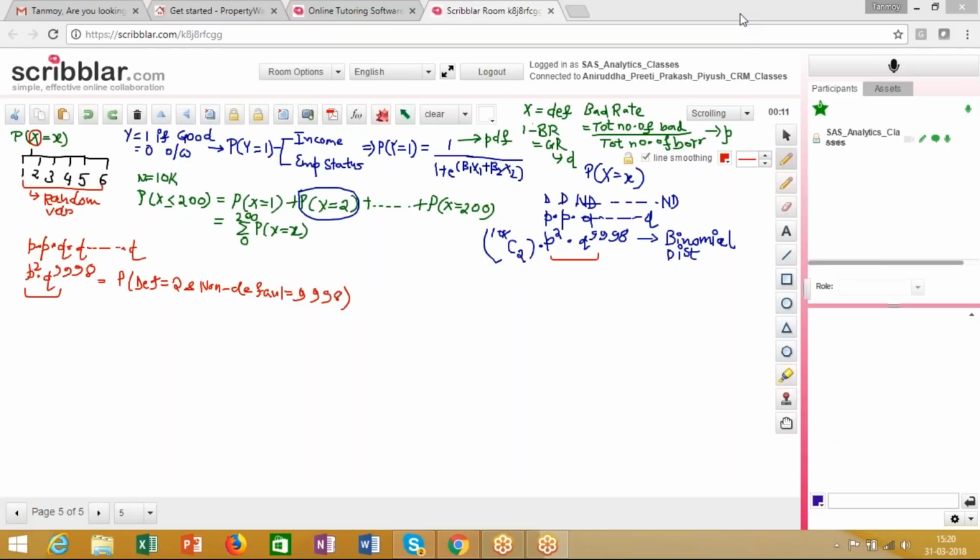So the question that comes out is: how would a binomial distribution look? Just before I move on, a quick recap: a binomial distribution is an extended generalization of the Bernoulli distribution.